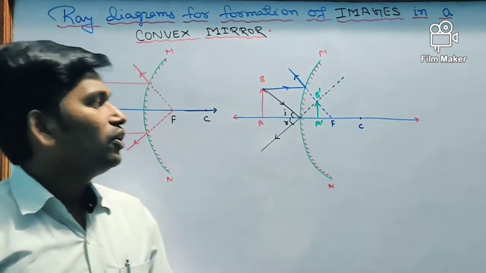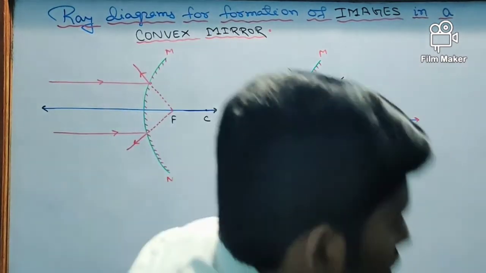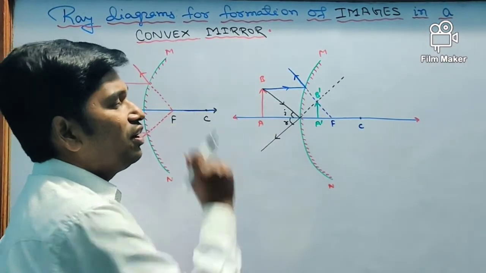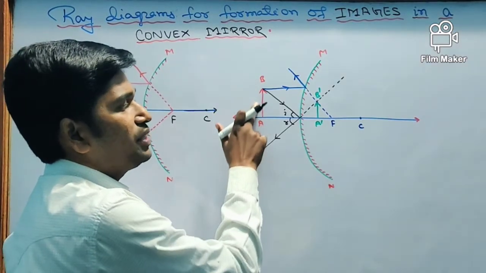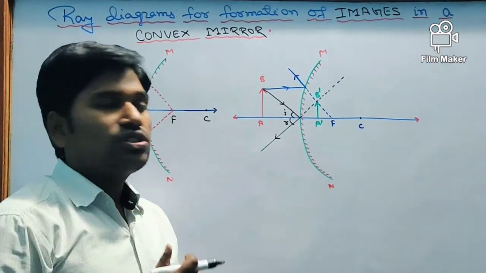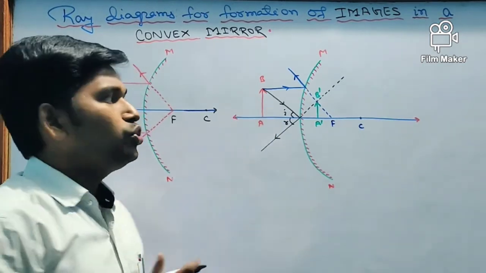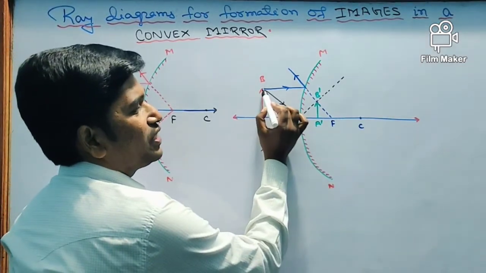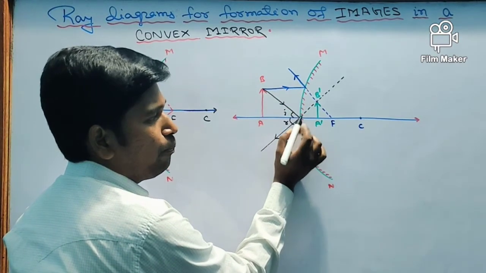Next case, when the object is placed in front of a convex mirror, let AB be the object. We will represent this diagram by two rays, one parallel to principal axis and one incident on the pole.